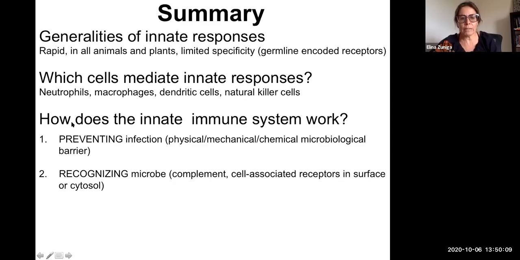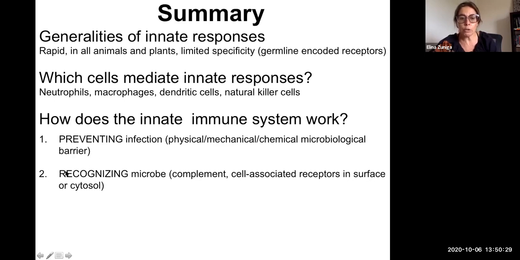And then we learned that the innate immune system acts by preventing infection. We talked about physical mechanical barriers, chemical barriers, and microbiological barriers, and the normal flora.